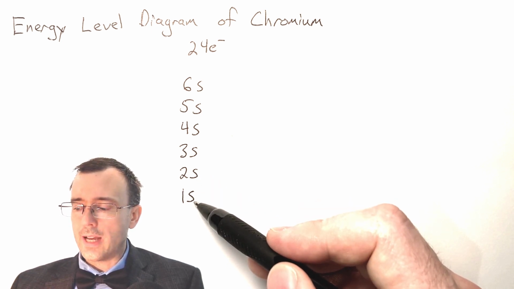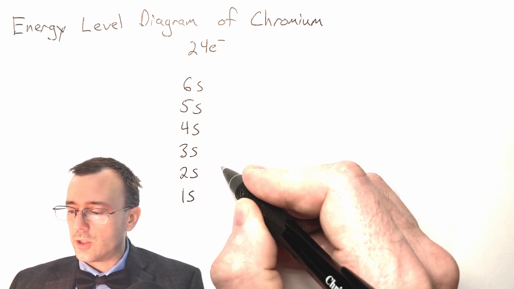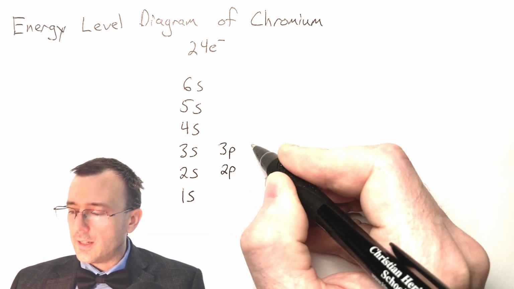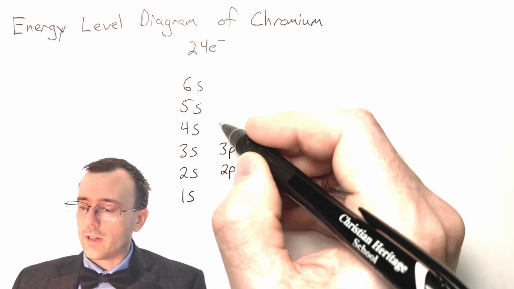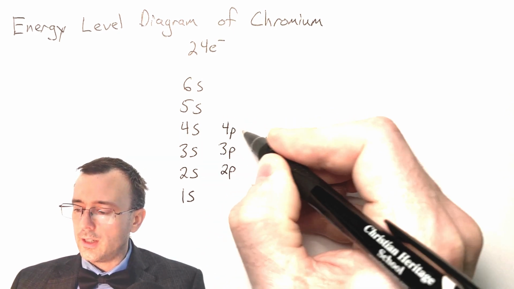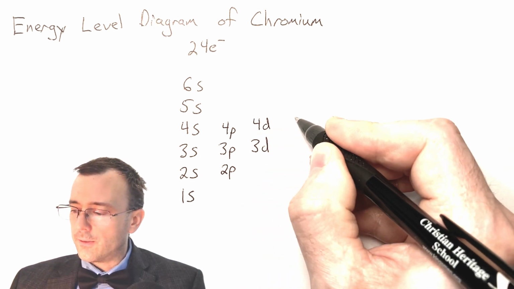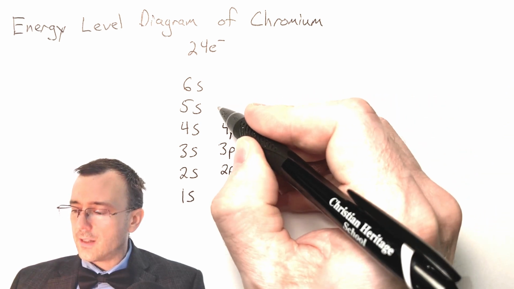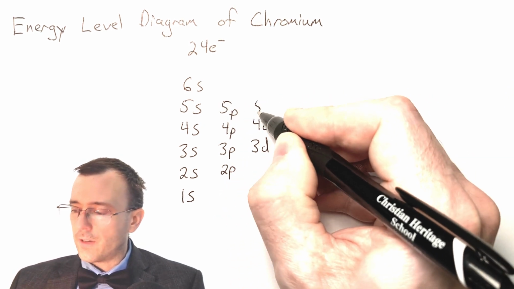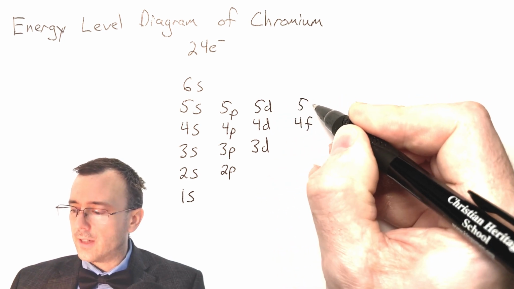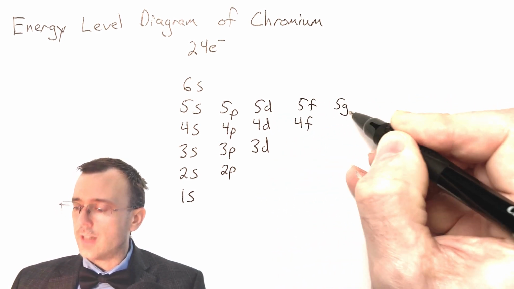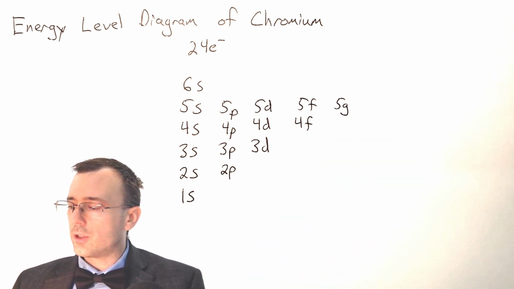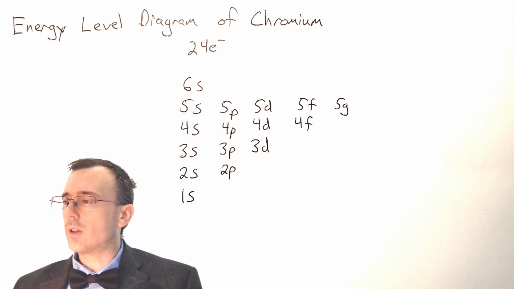So the 1 has only the 1s, the 2 has a 2s and the 2p, the 3 has a 3s, the 3p, and the 3d, the 4 has the 4s, the 4p, the 4d, and the 4f, and the 5 has the 5s, the 5p, the 5d, the 5f, the 5g, and of course we're not going to ever get to the g or anything like that, okay? So it's kind of too much information there. We don't need all of that, all right?